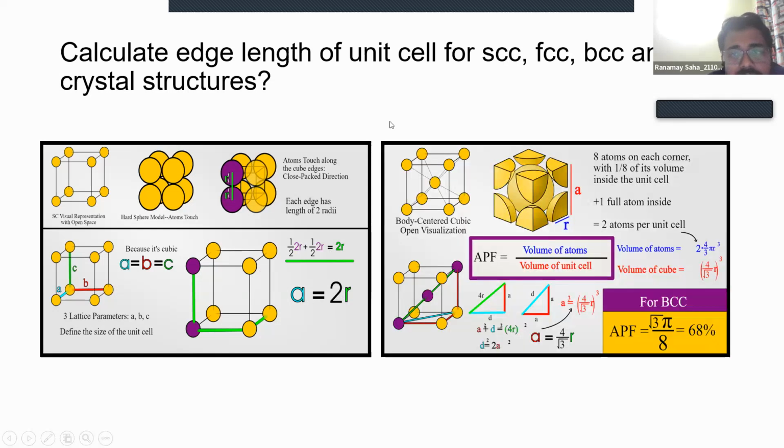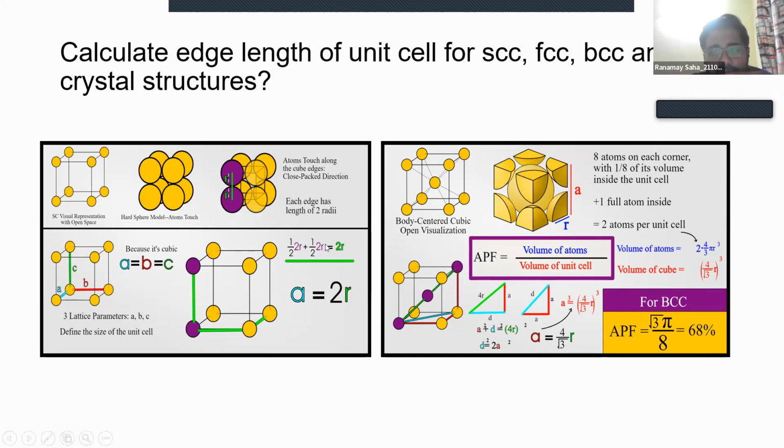And then comes this. This is a structure where you have to consider 2 relations to find out the edge length. First, because this is a BCC structure, a body-centered cubic, that simply means it is a cubic structure with one atom at the center of the body.